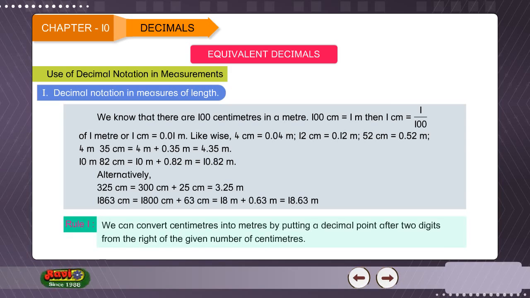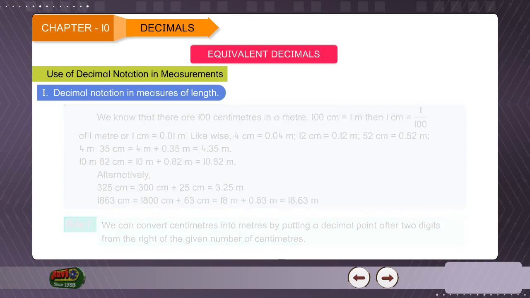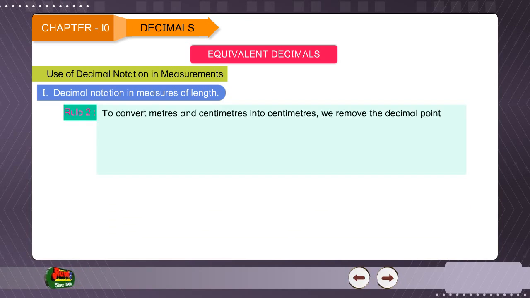Rule 1: We can convert centimeters into meters by putting a decimal point after 2 digits from the right of the given number of centimeters. Rule 2: To convert meters and centimeters into centimeters, we remove the decimal point and replace the symbol m by cm.